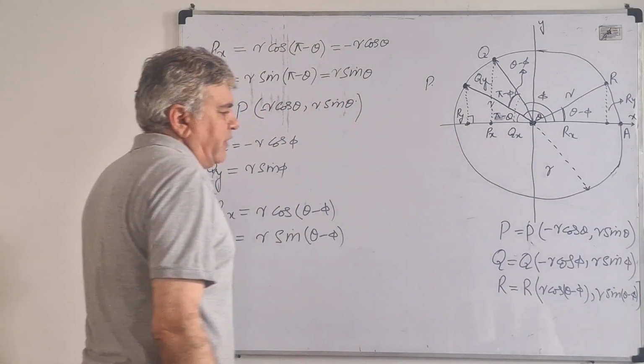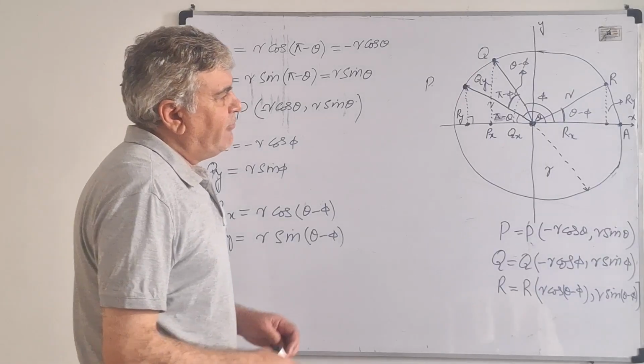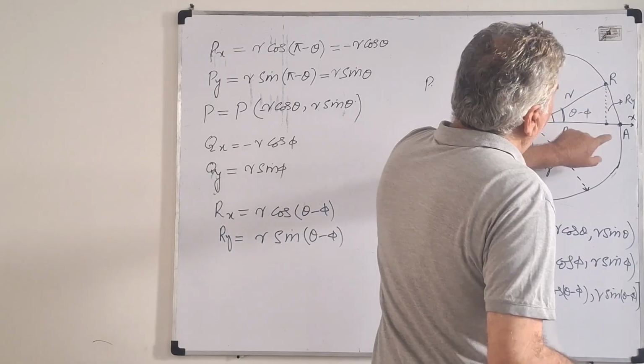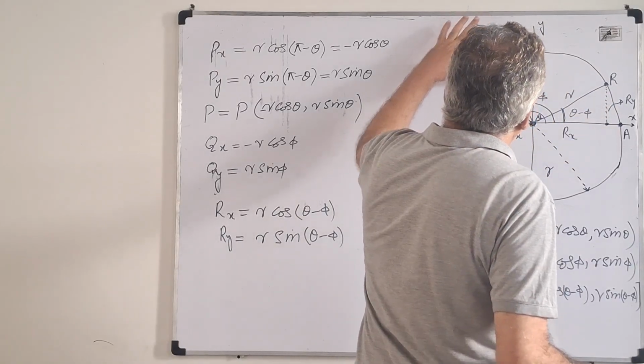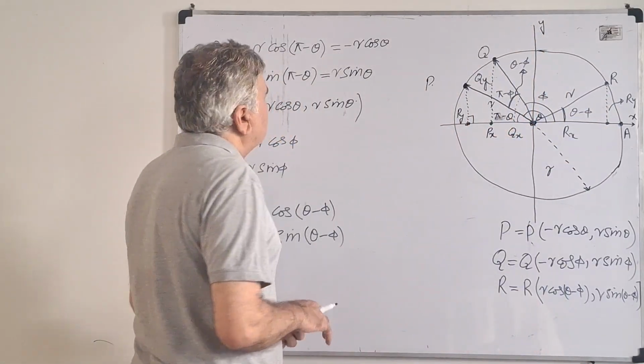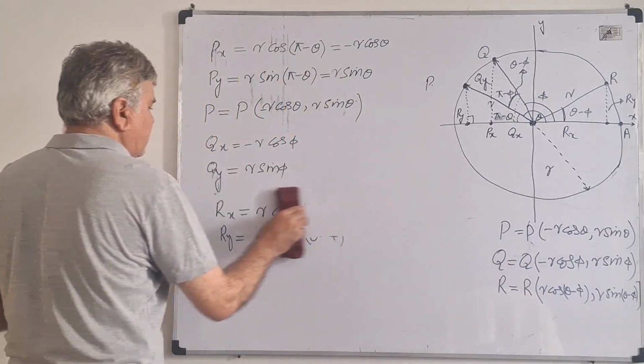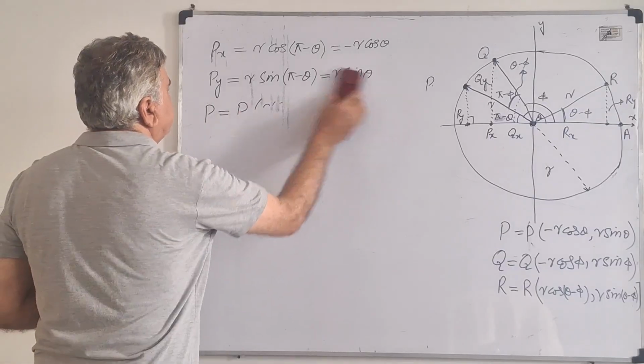Okay, with the coordinates in hand, now we can find the distance between A and R and the distance between P and Q. So I have the coordinates, therefore I don't need these equations, I can remove them.